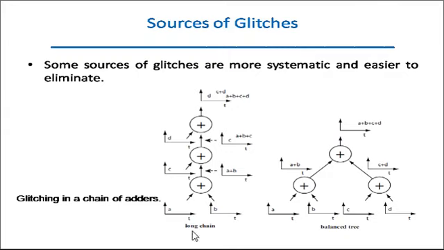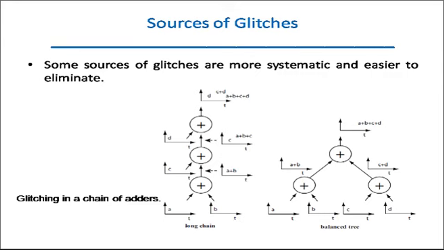But suppose A has more glitches, then quite obviously in this case it is going to travel through 4 adder circuits, and it will be more glitch prone. Here you can see you are also getting the output as A plus B plus C plus D, but if A has more glitches, then it travels only through 2 adders, and it will give you a better elimination of glitches.